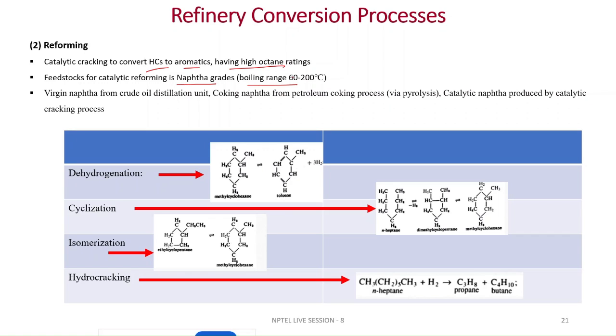So less than 100 will be light naphtha, then intermediate naphtha, then more than 100 or so will be heavy naphtha. The virgin naphthas are used as a feedstock for reforming, that is from the crude oil distillation unit, coking naphtha from petroleum coking processes via pyrolysis, and catalytic naphtha, which are produced from catalytic cracking processes.